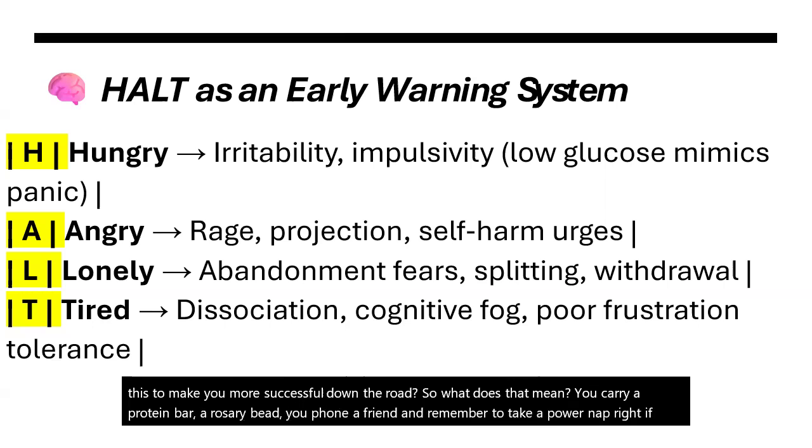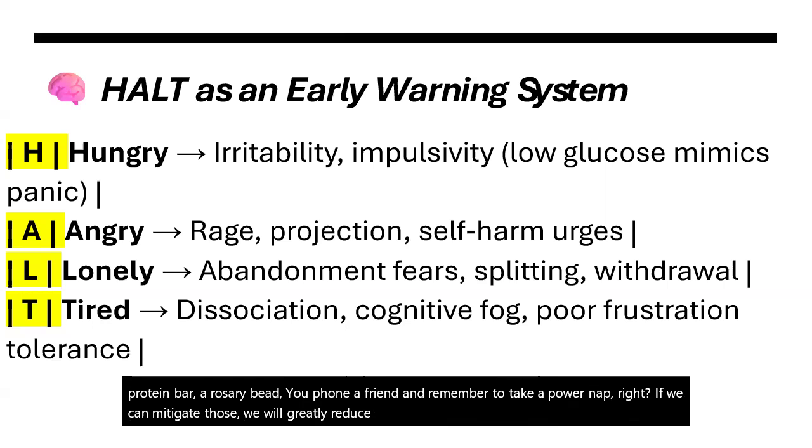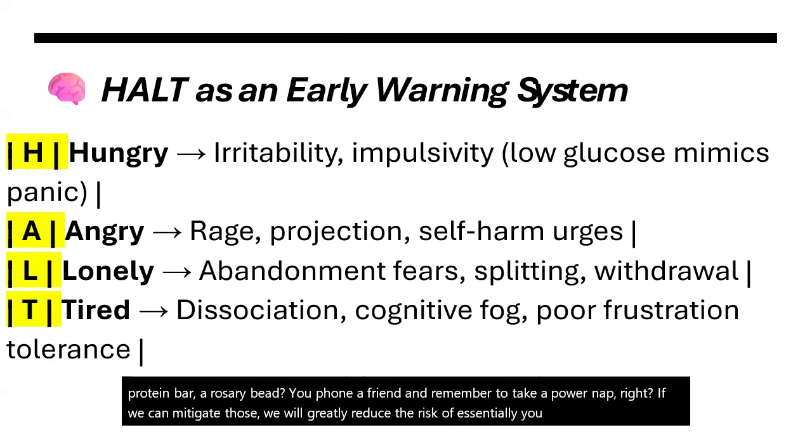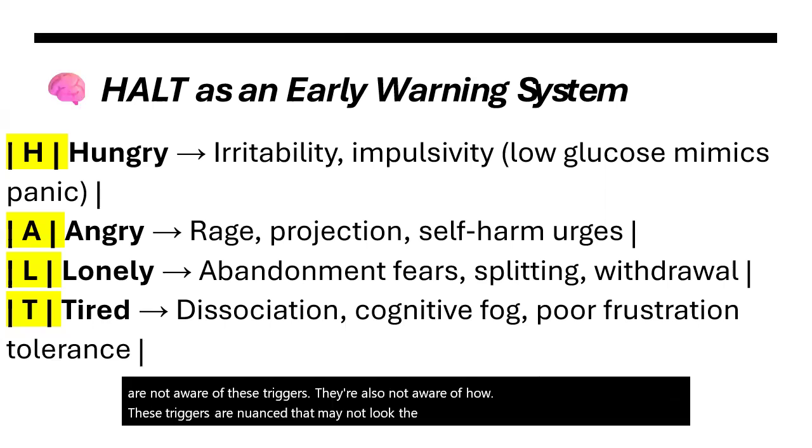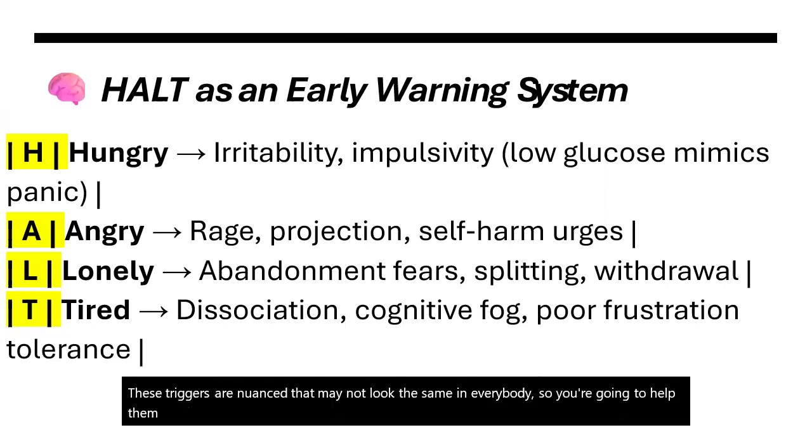If we can mitigate those, we will greatly reduce the risk of you having a lapse. But people are not aware of these triggers. They're also not aware of how these triggers are nuanced. It may not look the same in everybody. So you're going to help them explore, what do these triggers look like in you, and what can we do to mitigate them?